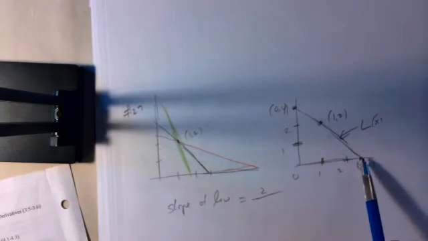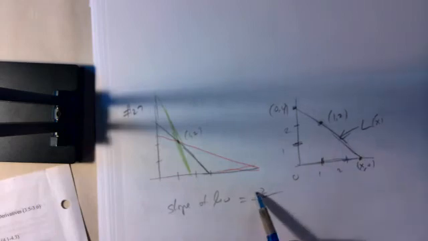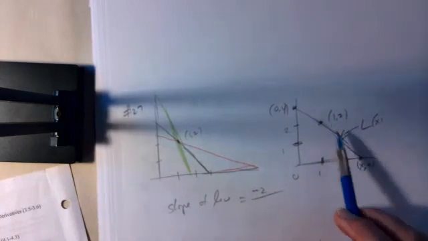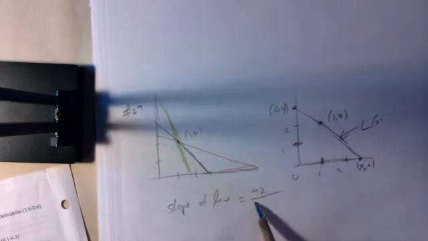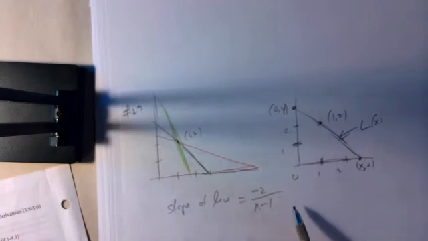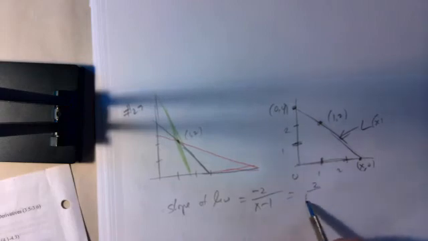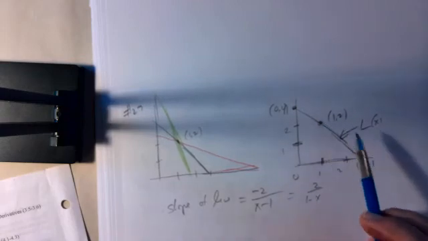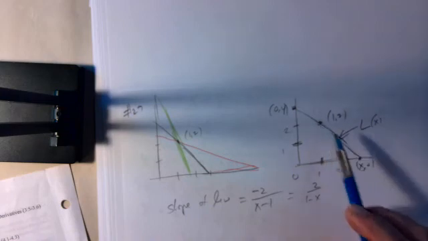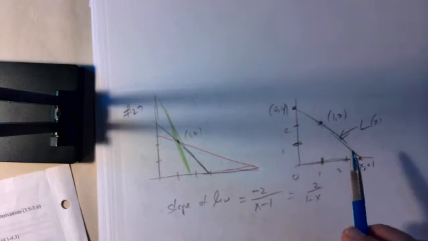As you go from 1 to x, the line goes down by 2, and the distance from 1 to x is x minus 1. So the slope of the line is -2 over x minus 1, or 2 over 1 minus x. And what is the equation of the line passing through the point 1, 2 with this slope?